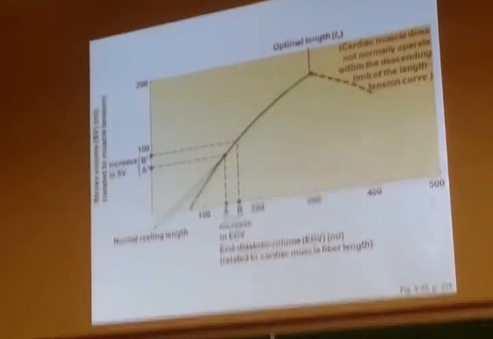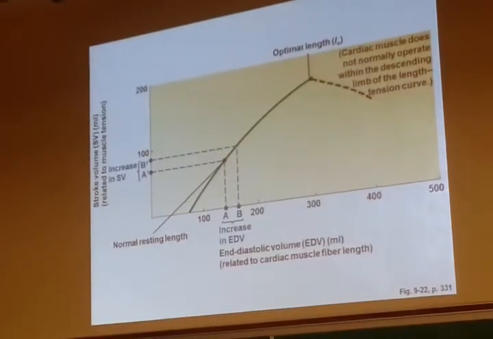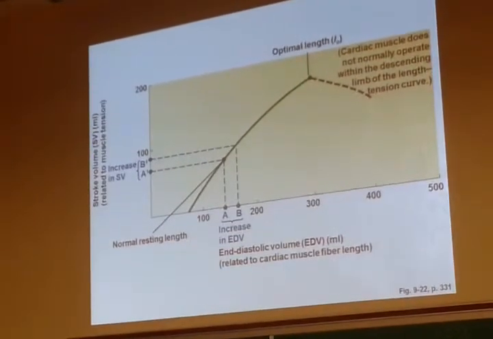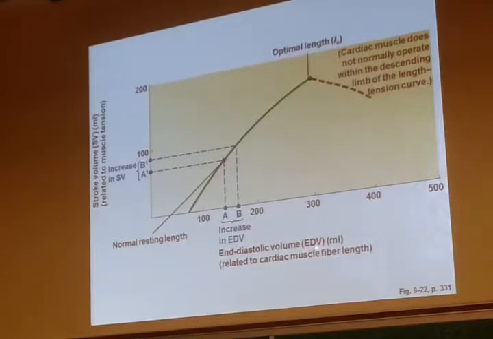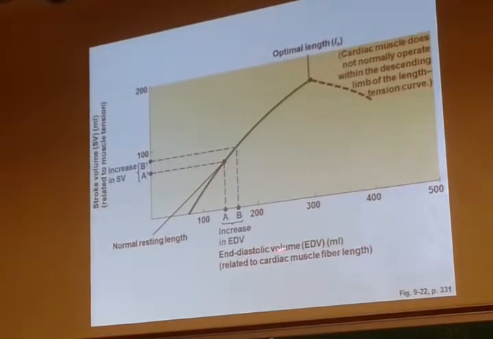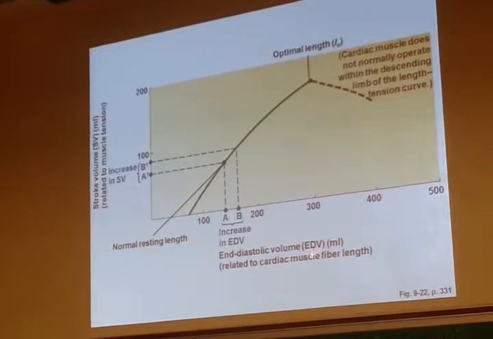Okay, this one. It's kind of strange what's going on. So take it slow, look at what is the x-axis. This is end diastolic volume, EDV, in milliliters. It goes from 0 up to 500. And this is related to the length of the muscle fiber.